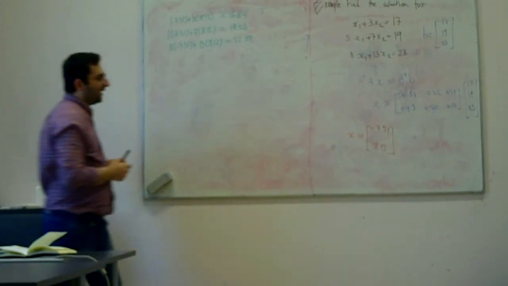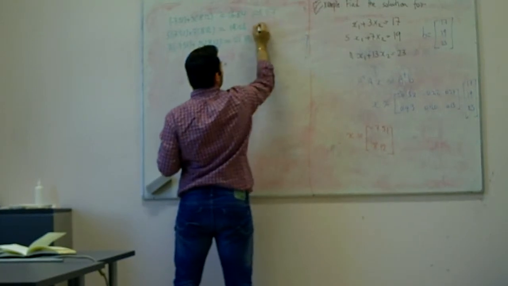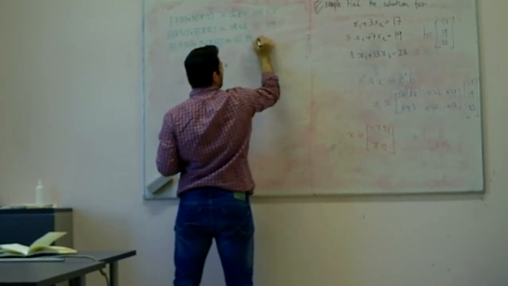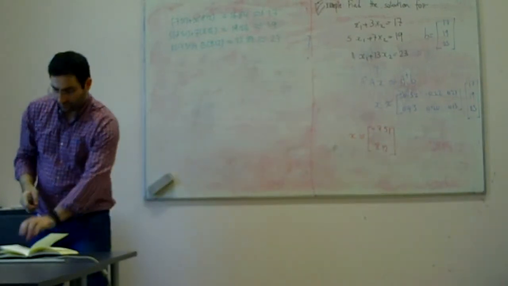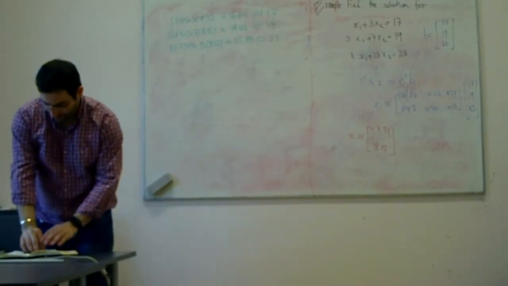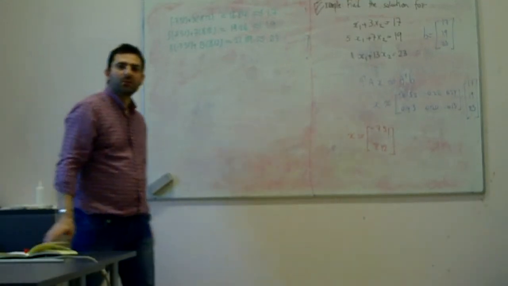So as you see, we don't get exact values. This is approximately 17, this is approximately 19, and this is approximately 23. But what is going on?